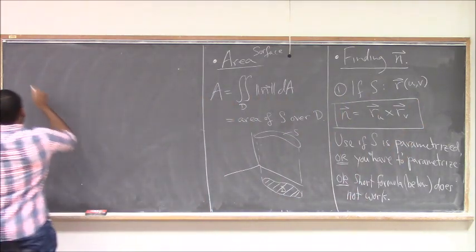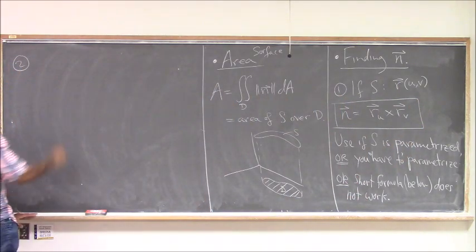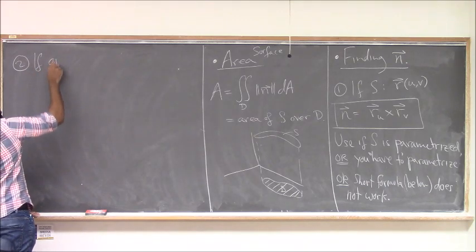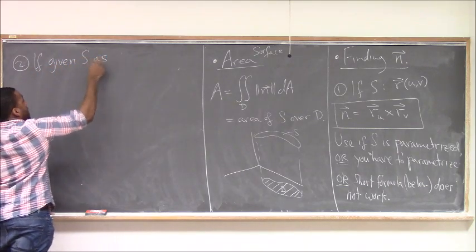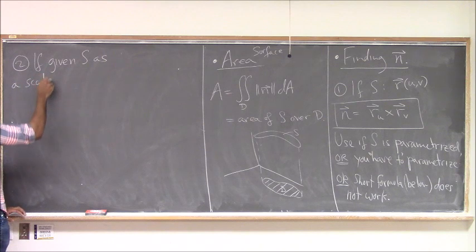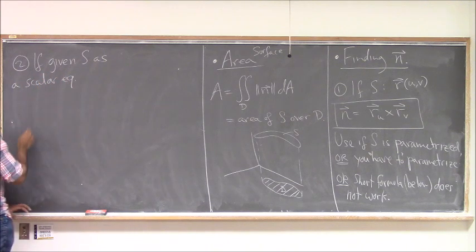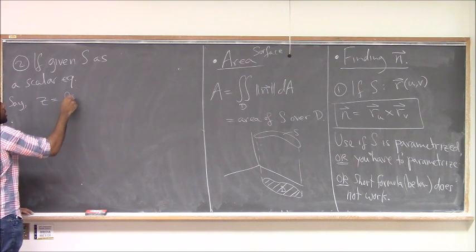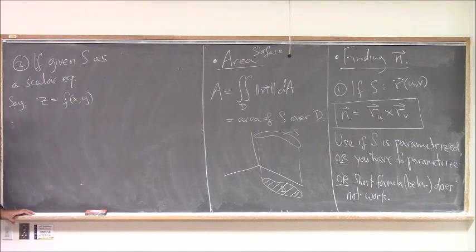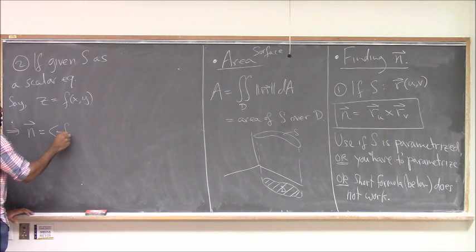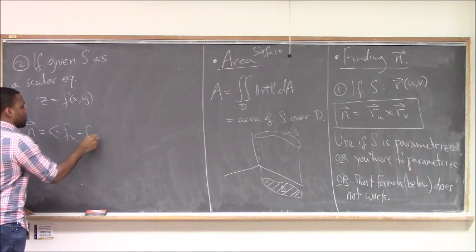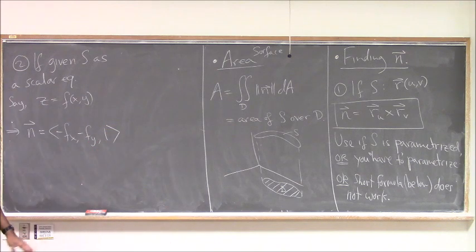The second one is if given S as a scalar equation, say you can solve for z and you get a function of x and y, then you can use the normal: minus the partial with respect to x, minus the partial with respect to y, positive 1, right?